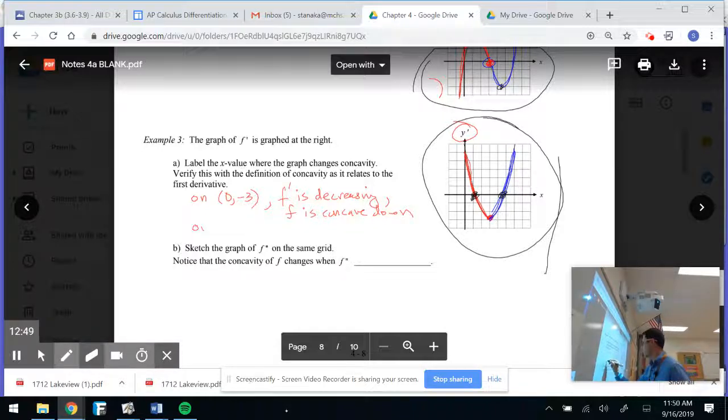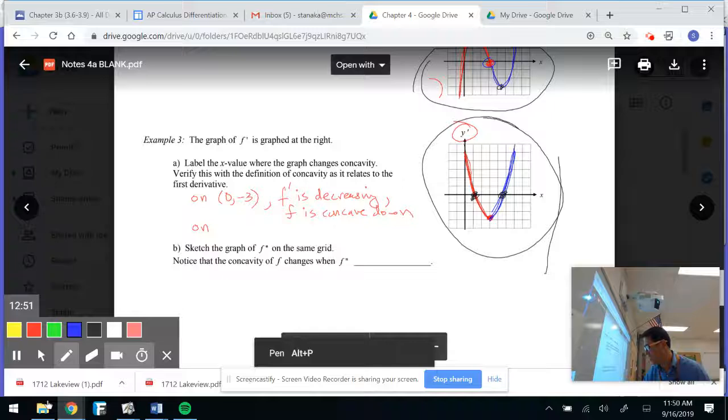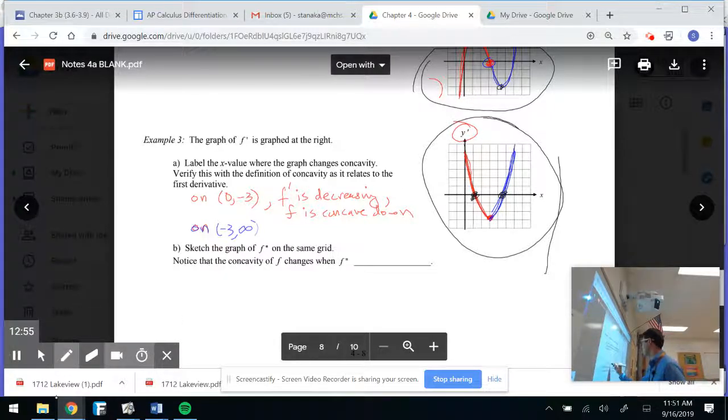And then if we focus on the interval, let's color code this. If we focus on the interval from -3 to, let's say, infinity, f prime is increasing. And if f prime is increasing, what does that tell me? That tells me that f, the original graph, is concave up.